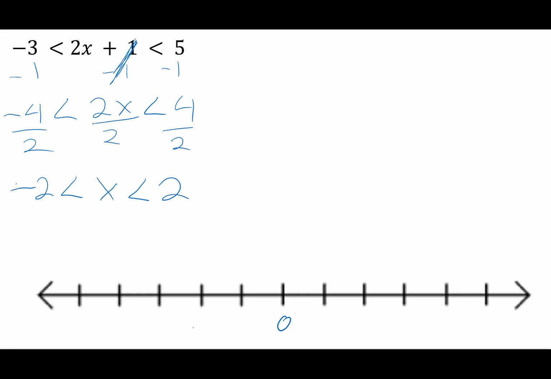So on my number line, this is an and statement. So remember, both have to be true. So I'm going to have open circles, and I'm going to be shading in between. Right? x is greater than -2, and x is less than 2.